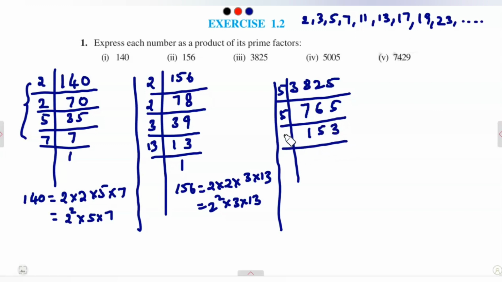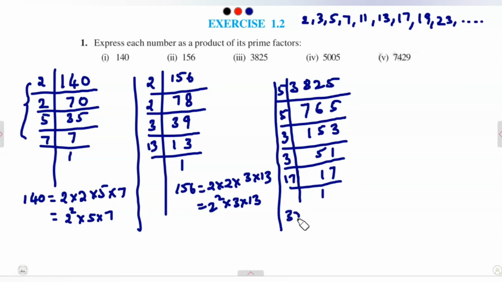Let us divide now with the 3 table. 3 fives are 15, 3 ones are 3. Next, again divide with 3 table. 3 ones are 3, 2 remainder, 3 sevens are 21. So 17. 17 is a prime number. We can continue: 17 ones are 17.